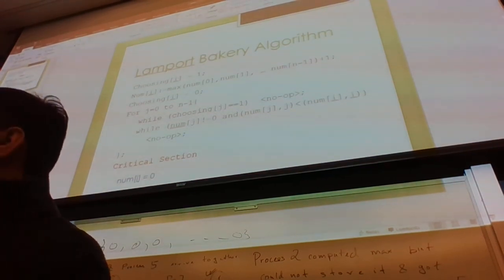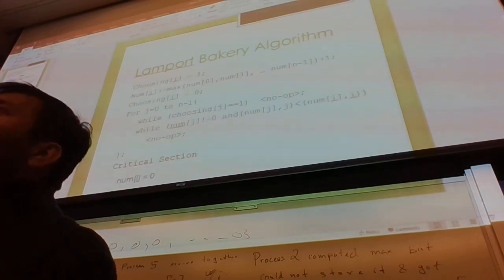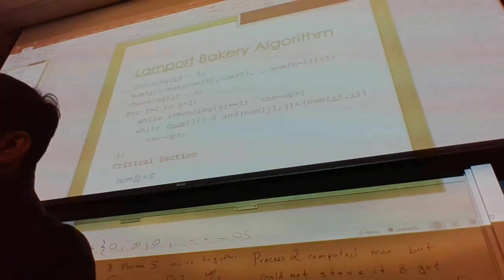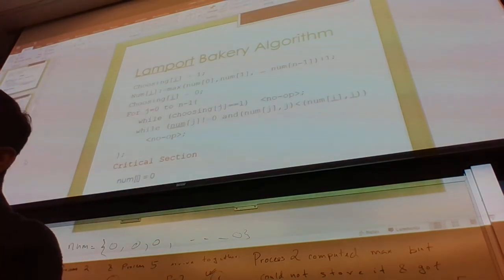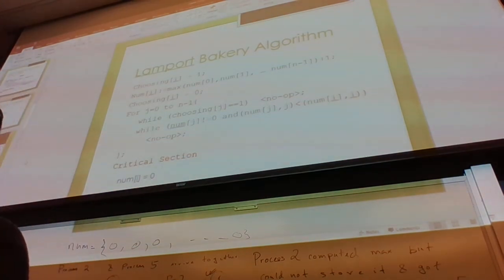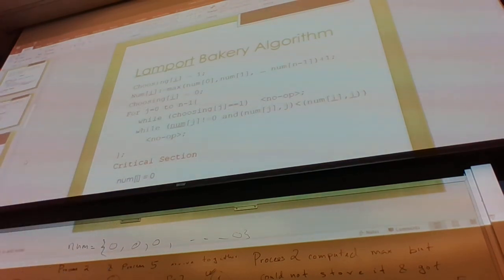That was the only possibility of contradiction. But using choosing, you forced process 5 to wait before process 2 could store the number. So you told process 5, okay, you have to wait for process 2, let it store the number and then you can go. So you eliminated that possibility of violation of mutual exclusion. So this Lamport's Bakery algorithm has mutual exclusion.